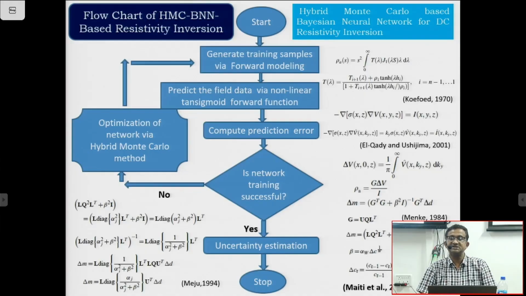So this T has recurrence relations for the multi-layer case, multi-layer meaning as many layers as you consider, which fill up the full homogeneous half space. And lambda is your variable here.